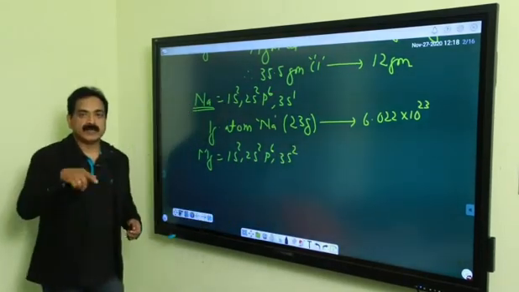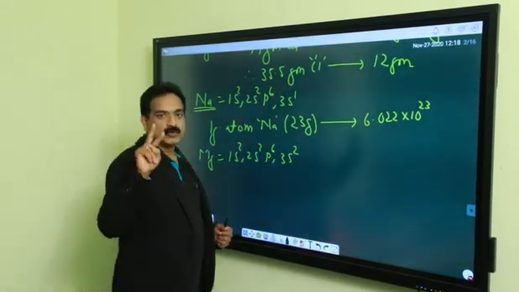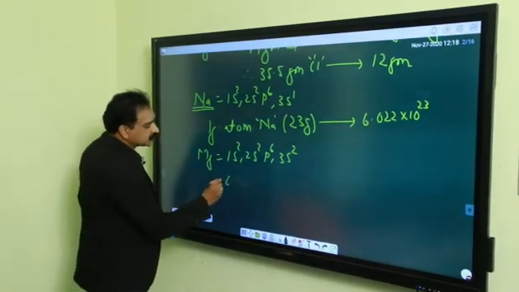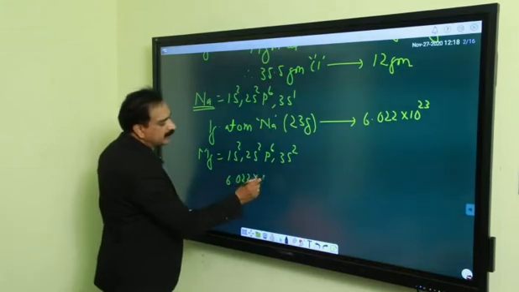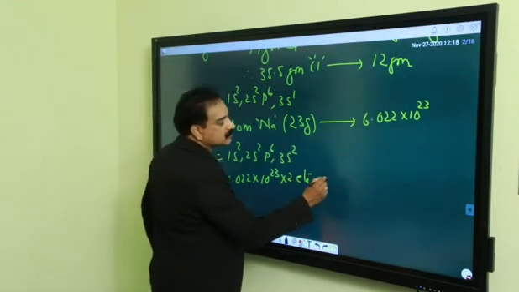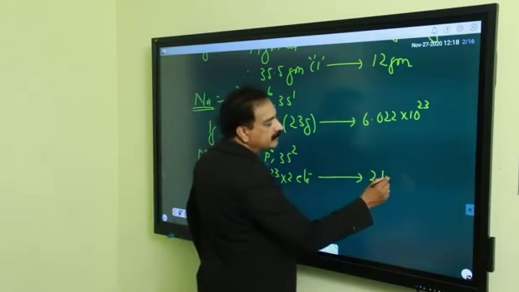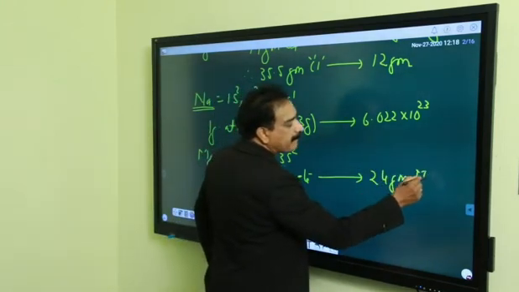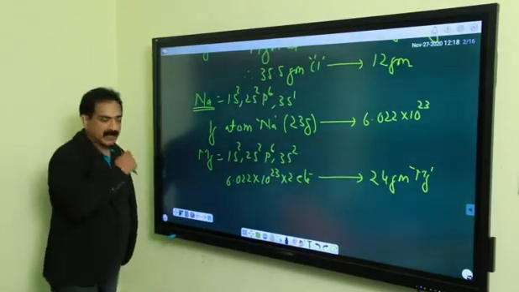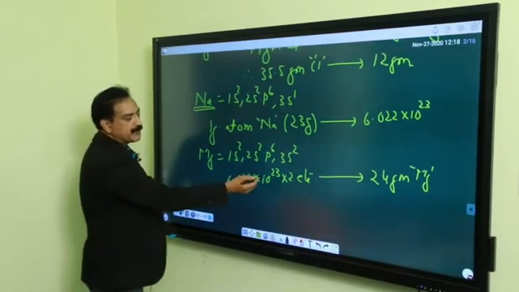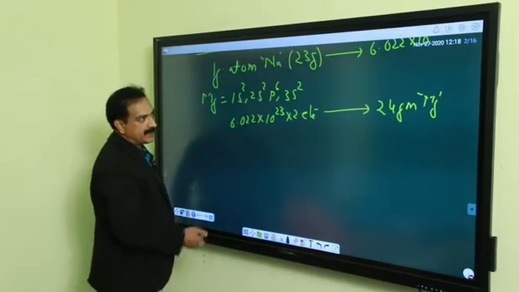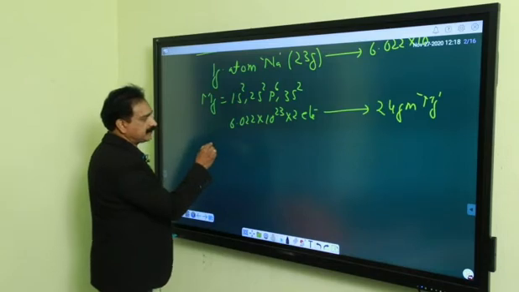One atom of magnesium will lose 2 electrons, so 6.022 into 10 raised to power 23 into 2 electrons are lost by 24 grams of magnesium, that is 1 gram atom.